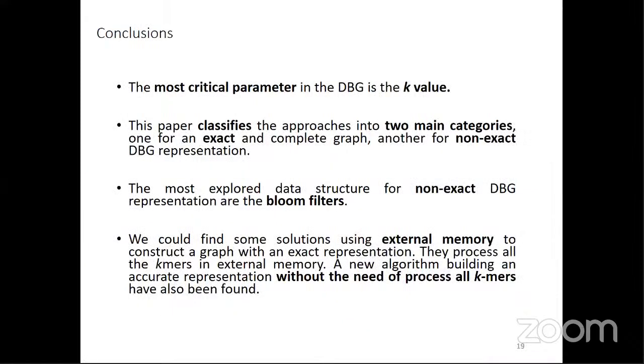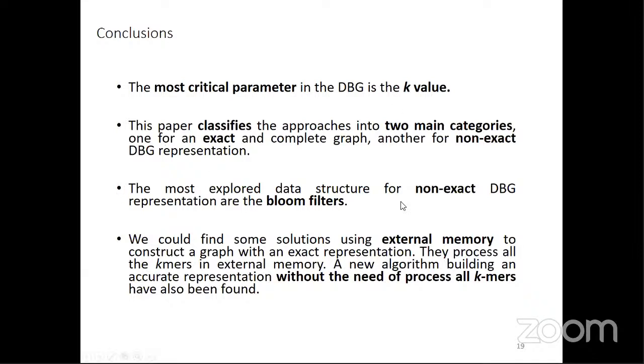As a conclusion, the most critical parameter in the de Bruijn graph is the K value, which impacts the assembly accuracy, the number of vertices and edges, and the memory requirements. Several techniques have been proposed to construct the de Bruijn graph. This paper classified those approaches into two main categories, one for an exact and complete graph, and another for non-exact de Bruijn graph representation.